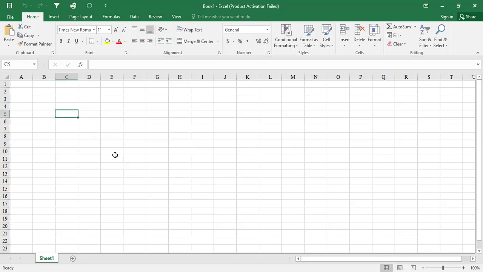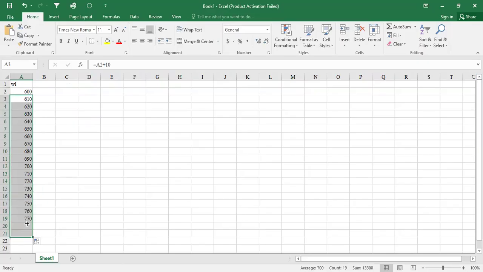So we need this Excel file. In the Excel file, we have to define wavelength WL from 600 nanometer equal to 600 nanometer plus 10, up to 800 nanometer, right?